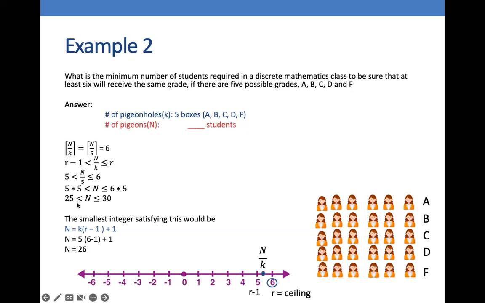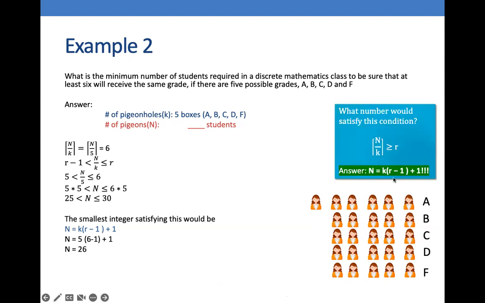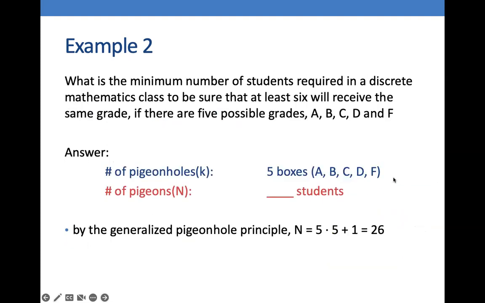So 25 plus 1 gives us 26. Generally, through the pigeonhole principle, we have n equals 5 times 5 plus 1, which is equal to 26.